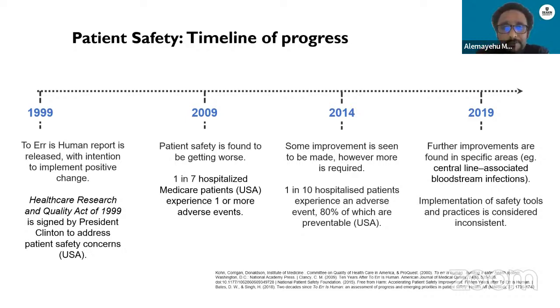Because of no change in patient safety improvement in the first decade after the first report, a number of changes were endorsed in different hospitals in America, so that there has been some kind of improvement in the last decade.